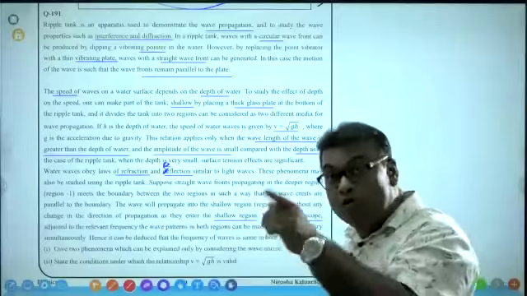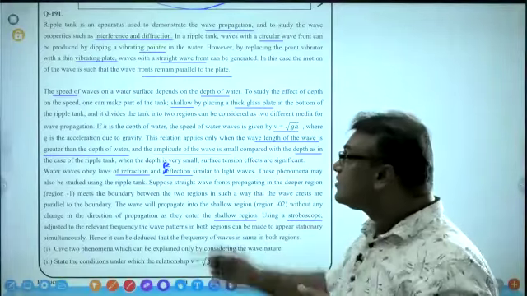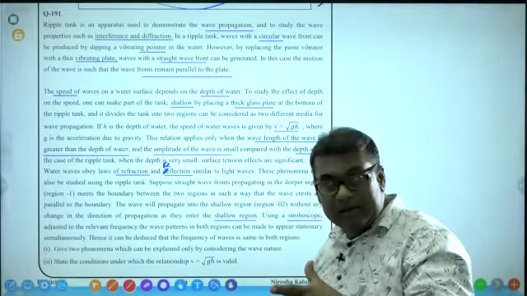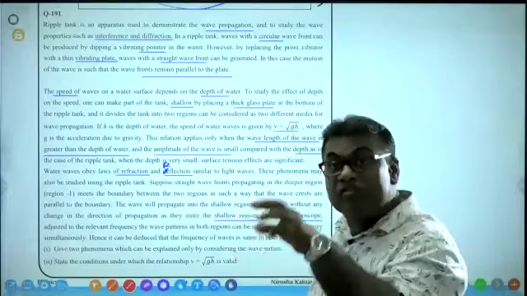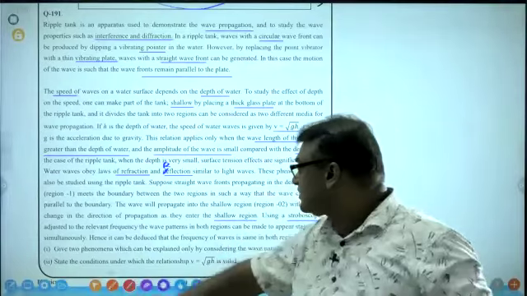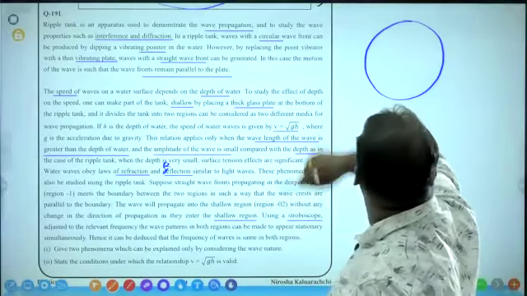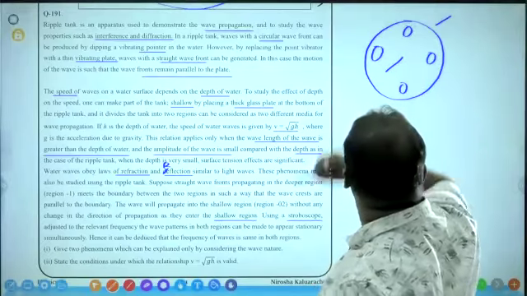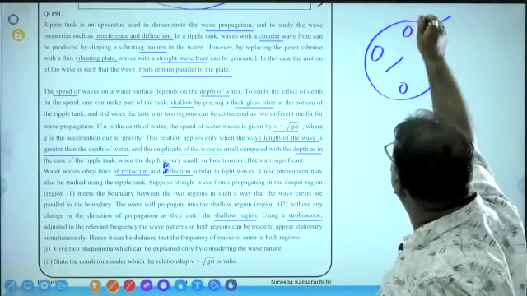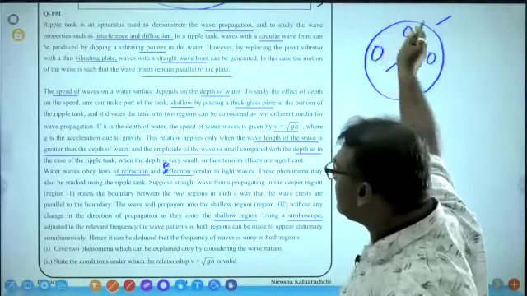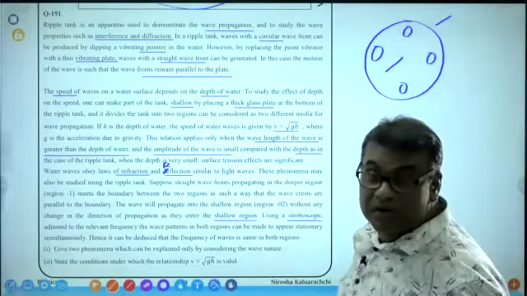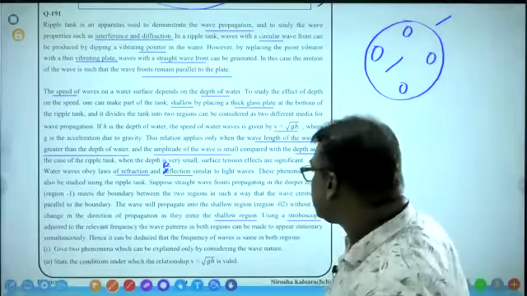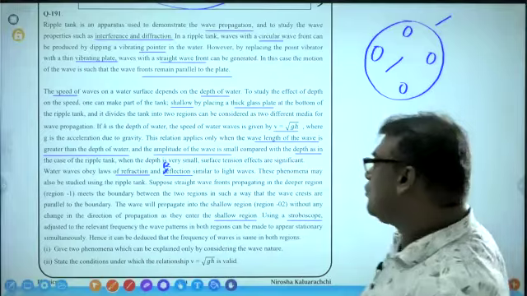Looking through the holes, if the hole frequency is equal to the frequency of the wave propagation, the wavefronts apparently seem to remain at rest relative to the water wave.